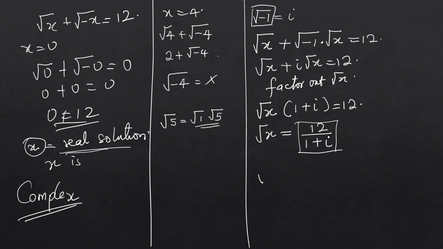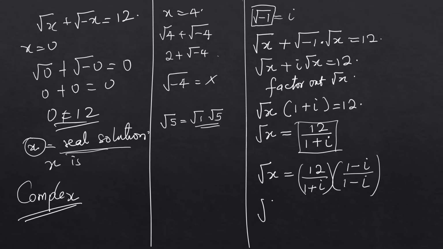So I'm going to have root x is going to be equal to 12 all over 1 plus i, all multiplied by the conjugate. I'm going to rationalize it. This is going to be 1 minus i divided by 1 minus i, just like you are rationalizing a surd. So let us open the bracket.